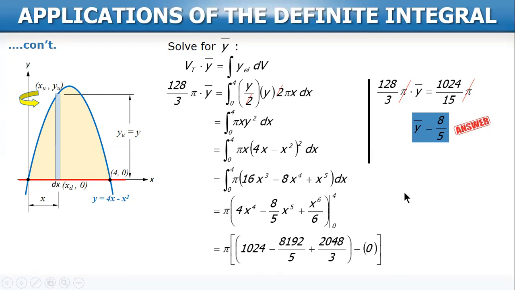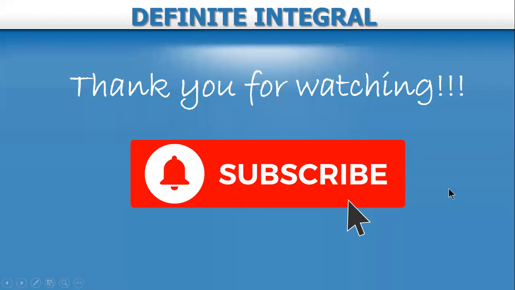And similarly, if the axis of revolution is vertical, you will only solve for y bar. The other coordinates, makuha ra dito. You can determine it directly by inspection. So, I hope that you have understood this problem. Thank you for watching.